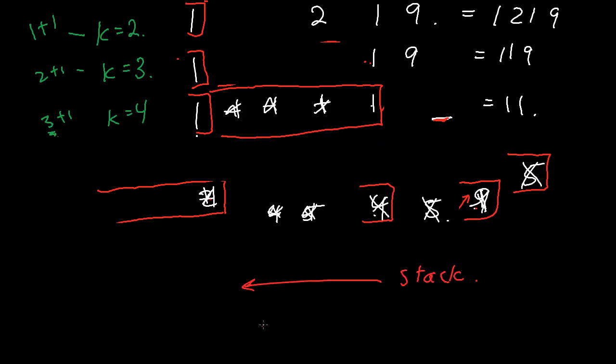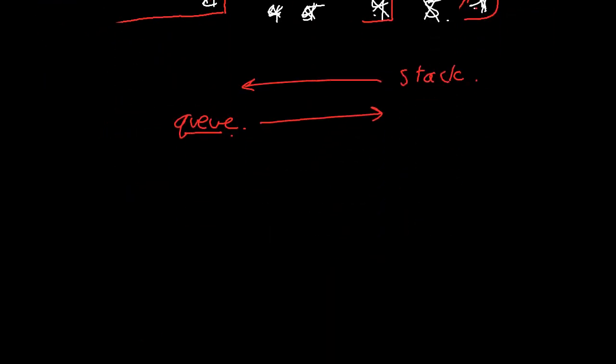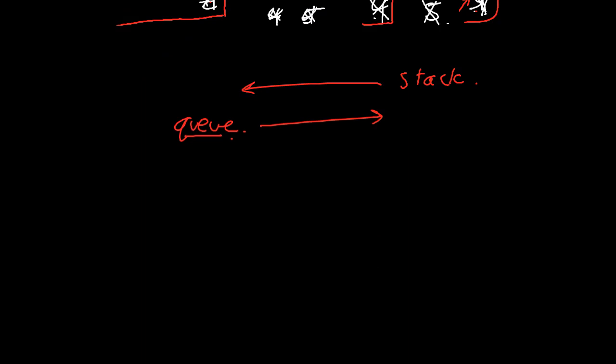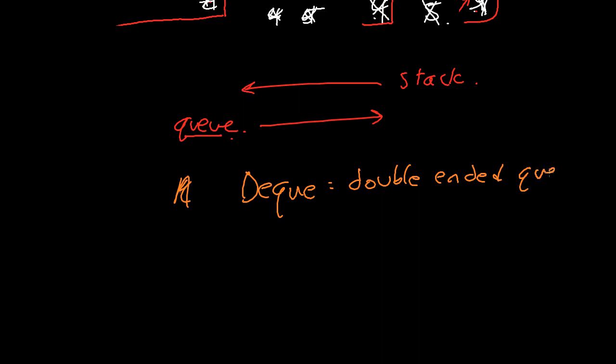But a queue allows us to go from this direction. And in order to build our number, 1, 2, 3, 4, 5, 6, we want to read it as a queue. So instead, the data structure that we'll use is something called a Deque, which stands for a double-ended queue. So this has the advantage of both a queue and a stack at the same time.